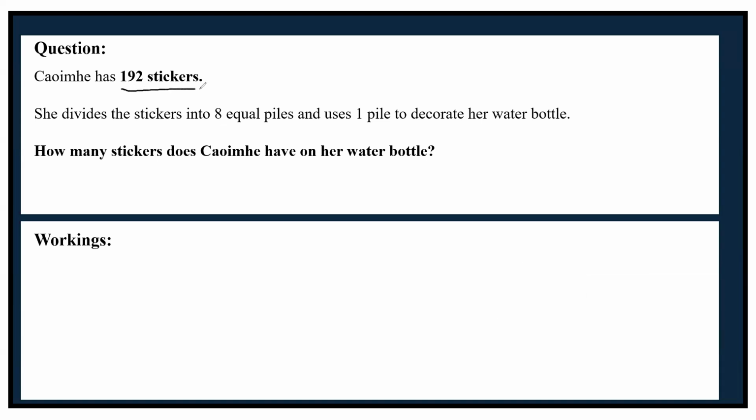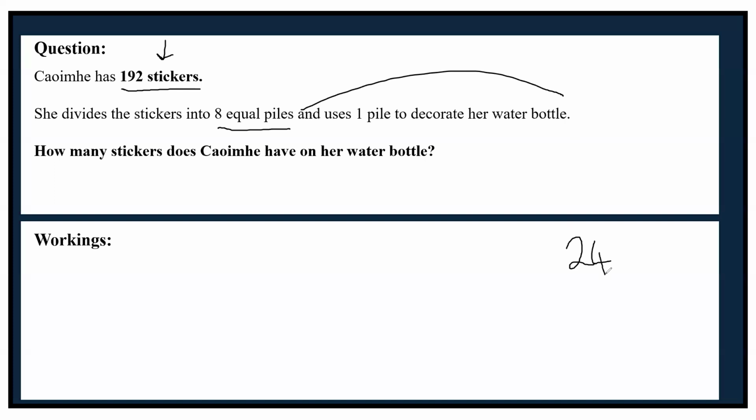Kiva's got 192 stickers, okay? And the first part says she divides the stickers, so she divides all of these into 8 equal piles. So before we look at this part, we already know that we need to divide 192 by 8, which we just did. Yeah, 192 divided by 8, which gave us 24.